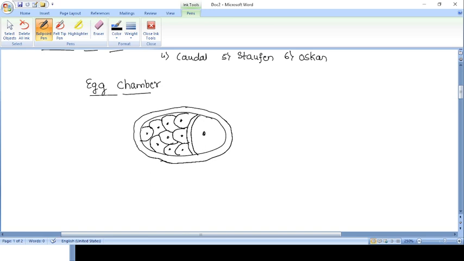And this is the oocyte. The nurse cells and oocyte are covered by a layer of follicle cells, those are ovarian follicle cells. Here this is the layer of follicle cells.